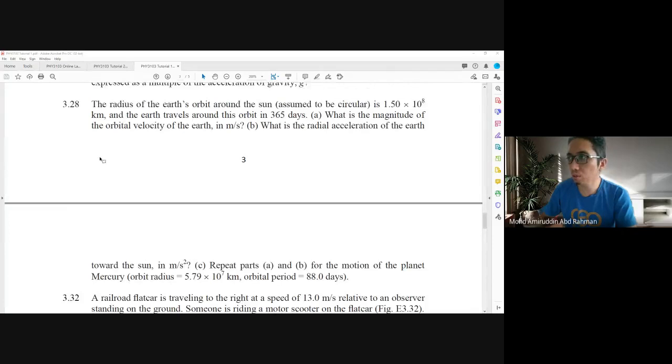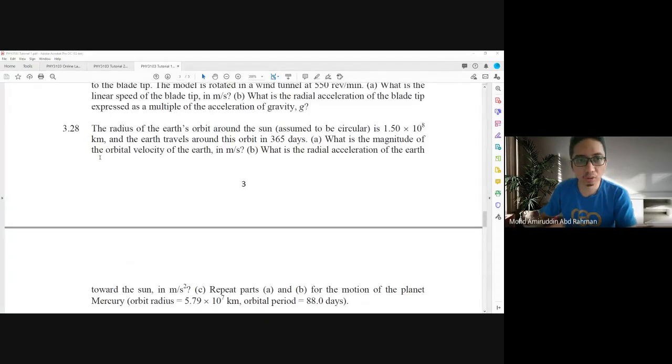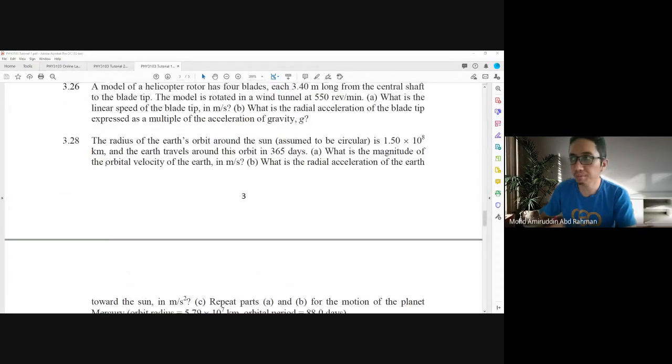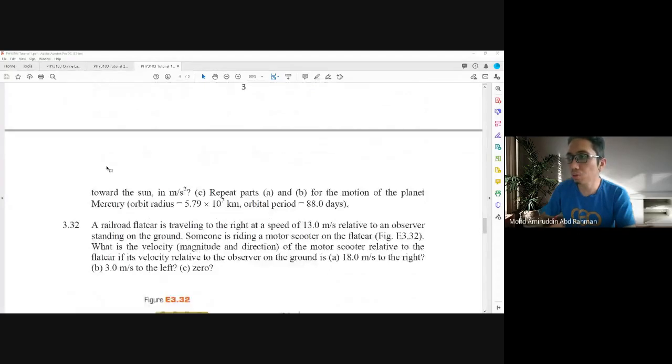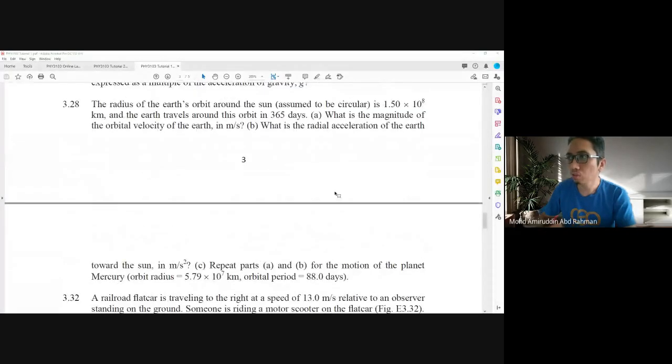Alright, I'm going to give you the answer for 3.28 as well. For 3.28, part A is the magnitude of the orbital velocity of the Earth.